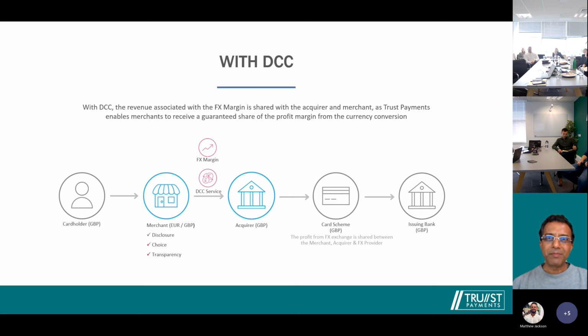Just a bit of interaction here, guys. Have all of you been at the airport or on holiday at some time, maybe in the duty-free section, where you put your card in, expecting to pay 20 euros for your giant bars of Toblerone to bring home for everyone, and actually it then pops up with the option to pay in sterling, and you just have to pick GBP or euros? Have you all seen that in the past?